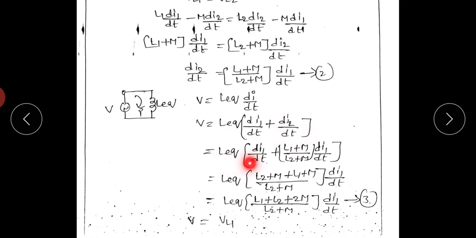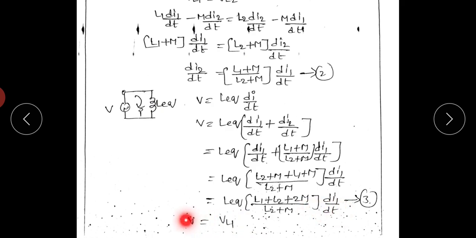So we get L equivalent into di1 by dt plus L1 plus M by L2 plus M into di1 by dt. So L equivalent into L2 plus M plus L1 plus M by L2 plus M into di1 by dt, or L equivalent into L1 plus L2 plus 2M by L2 plus M into di1 by dt.